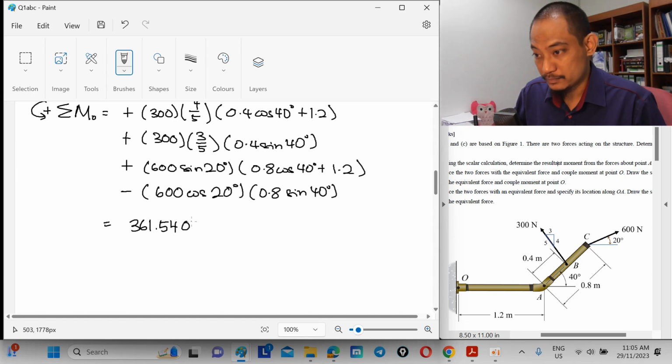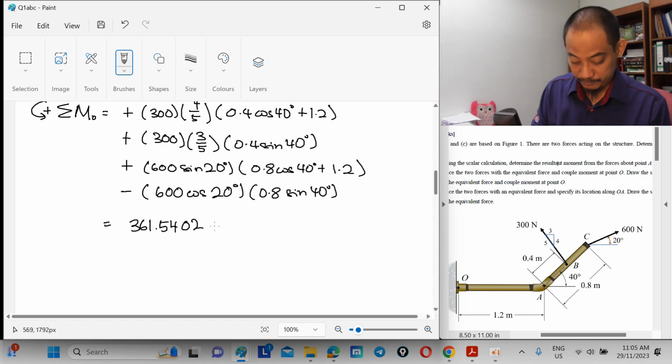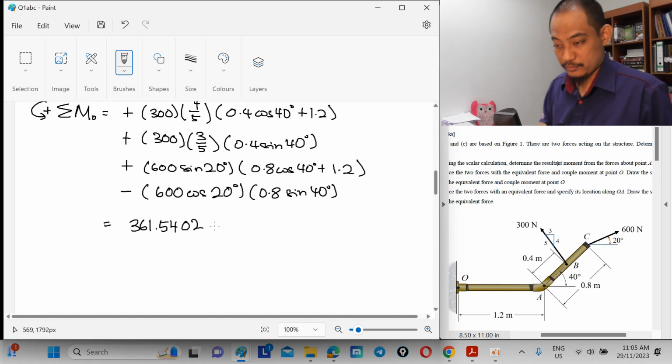5002. Okay, to verify, 0.4 times cos 40 plus 1.2 times 300 times 4 divided by 5, 361.5402.